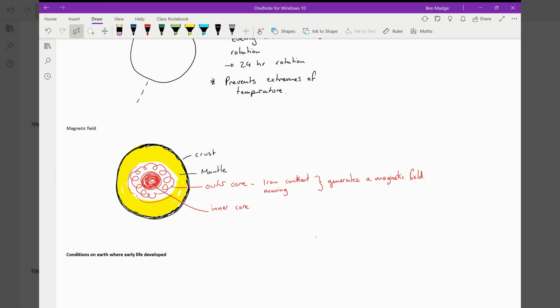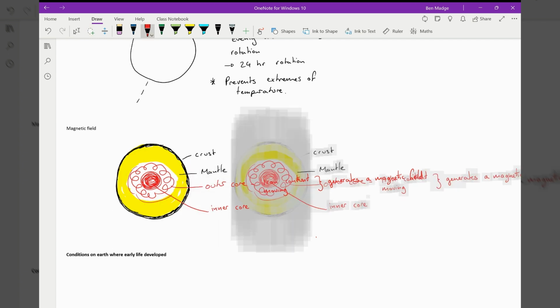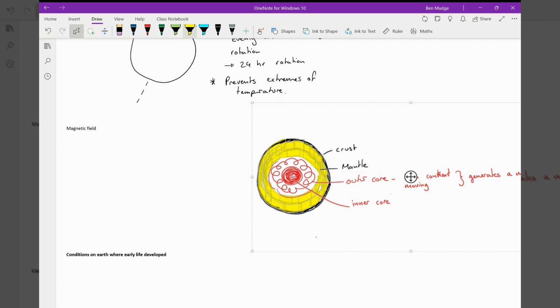Right, now this is really important because what we find is the sun, so here's the sun over here, releases charged particles.